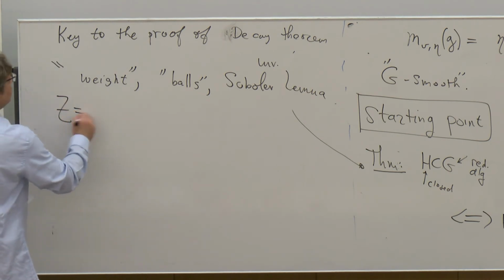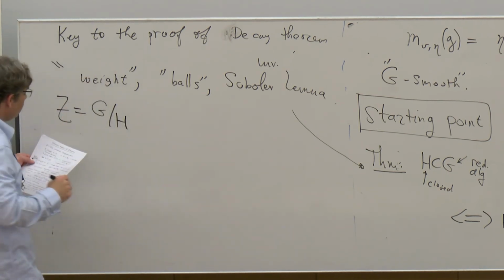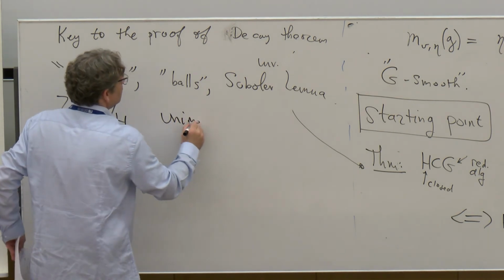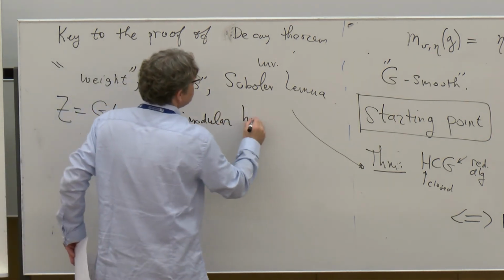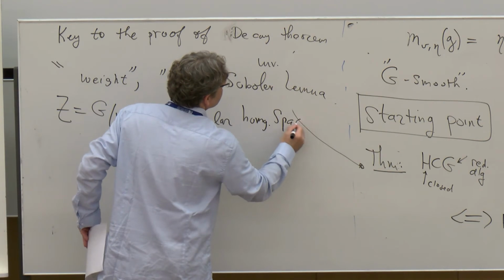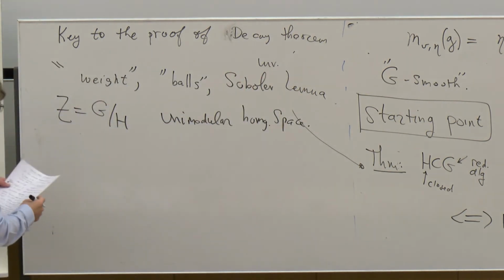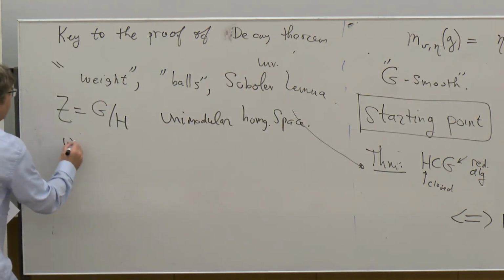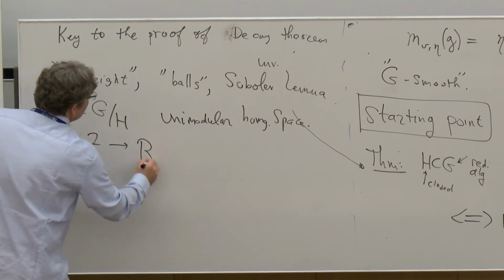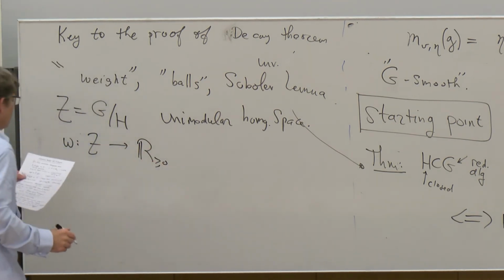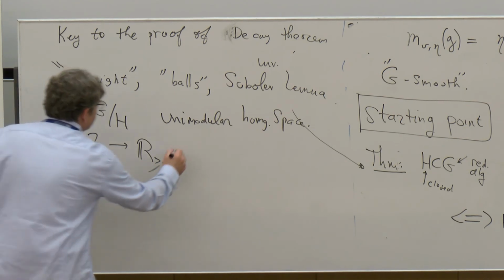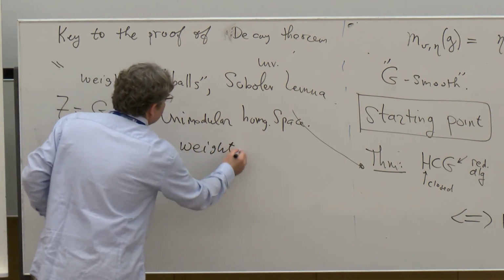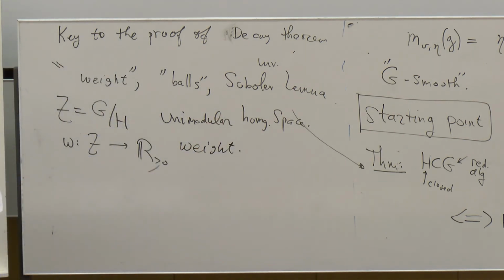So suppose that Z is a unimodular homogeneous space. And first of all, we have a notion of a weight. So certain functions on Z, which are positive valued, are called weights. I will say the definition because I don't have enough time. It has to be locally bounded, and it has to behave nicely with respect to the action of the group.